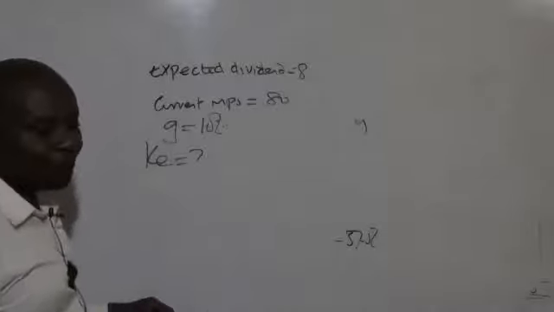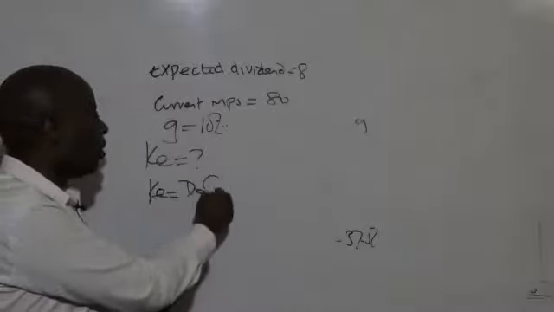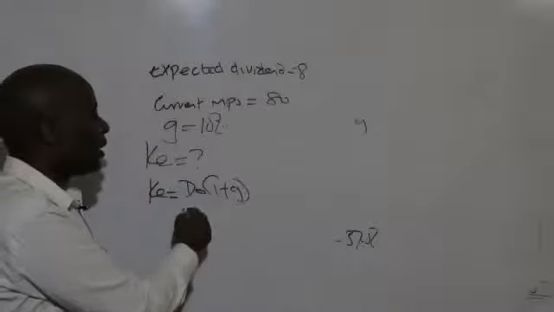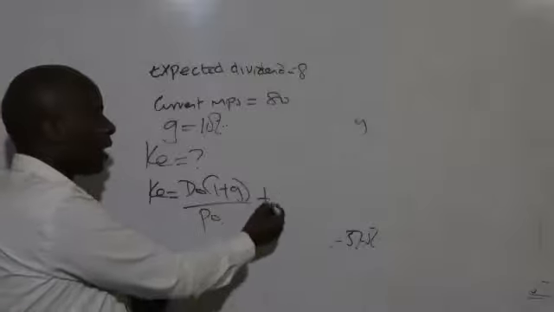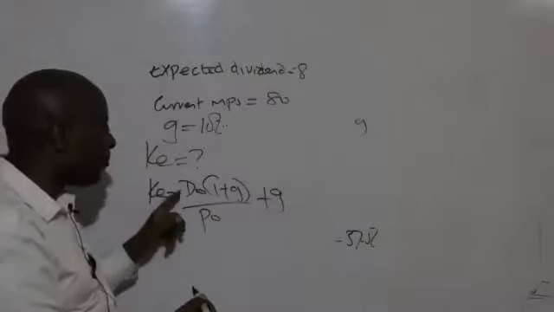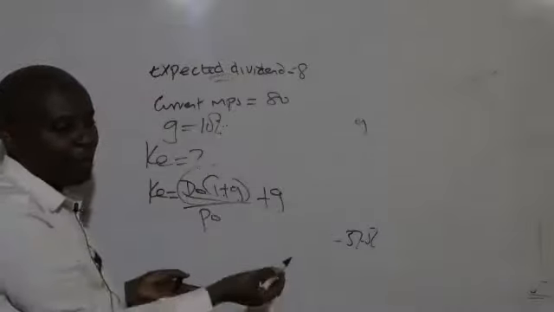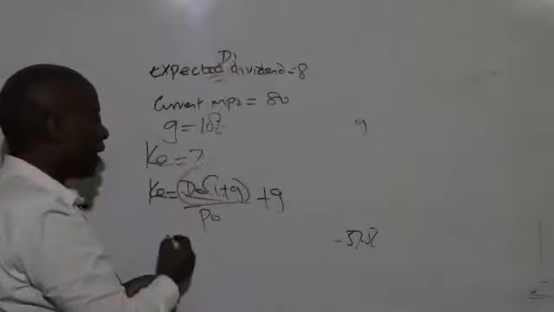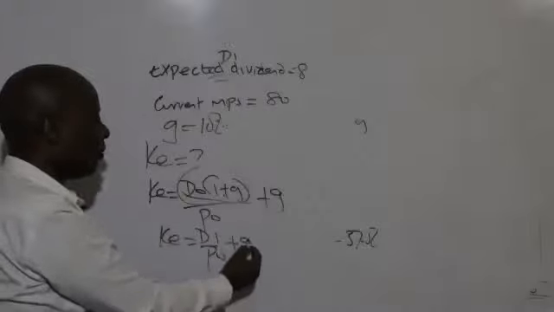Here, I'll come and write my cost of equity very well. The formula is D0 into 1 plus g all over P0. After I do that, I'll remember that this examiner has used the language of expected dividend. So this is supposed to be D1, meaning that my Ke is supposed to be D1 over P0 plus g.